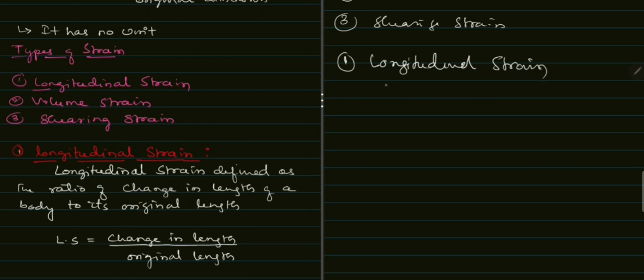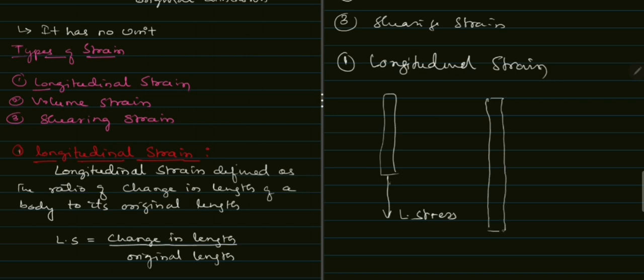So what is longitudinal? We apply a force longitudinally, which means a longitudinal stress is applied on the body. Then after applying the force, the body may change its length.